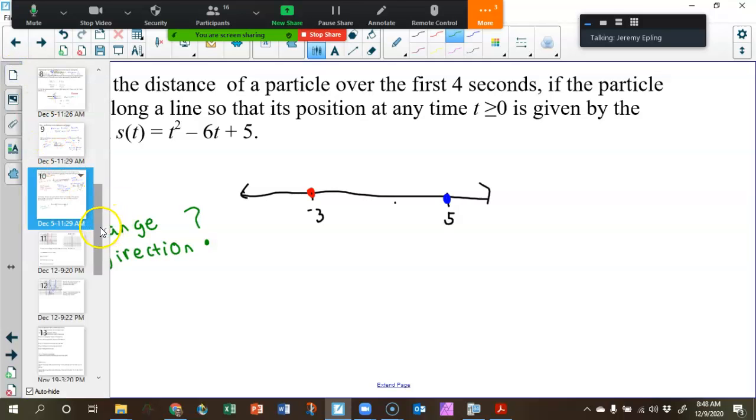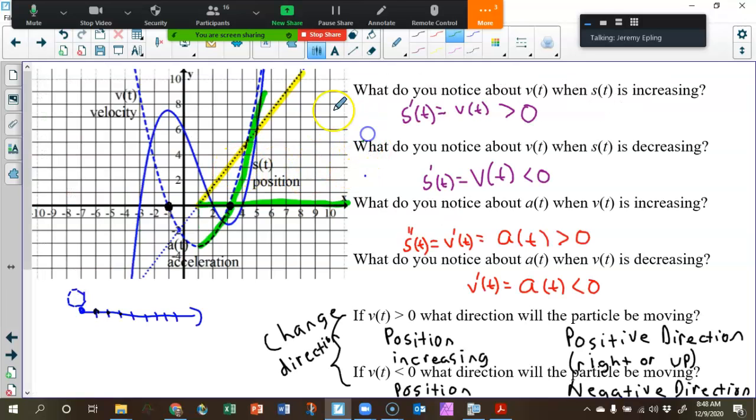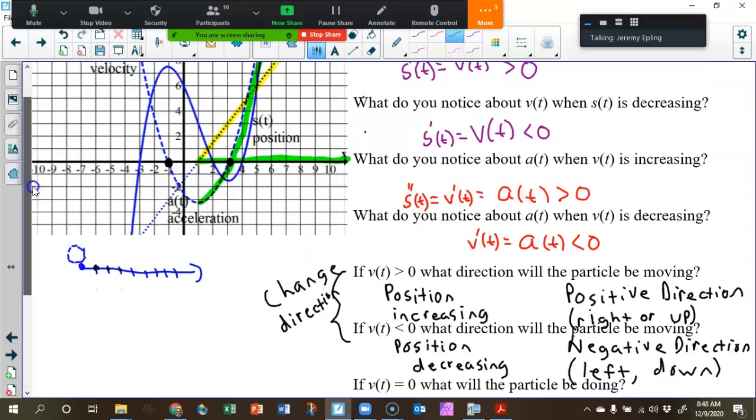So we want to go back to what we talked about yesterday. Yesterday, when we talked about relationships, we talked about a way to know if we changed directions. That when our velocity was positive, our position was increasing and we were moving to the right. And when our velocity was negative, our position was decreasing and we're moving to the left.